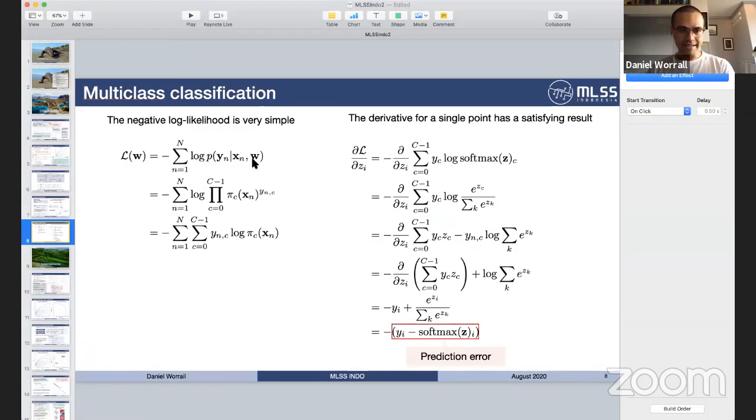If you write it out, here we are: our probability outputs, these probability vectors, are these pi things, which happen to be the softmax. Essentially, because we've got a negative log likelihood and we're taking log probabilities, the probabilities are the softmaxes. So we're going to take the gradient of the log of a softmax.